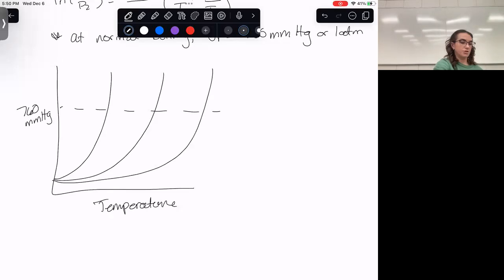At different temperatures, this is your boiling point where it crosses that 760 millimeters of mercury. So this might be H2, CO2, and H2O. They will have different boiling temperatures, but they all boil at that 760 millimeters of mercury.